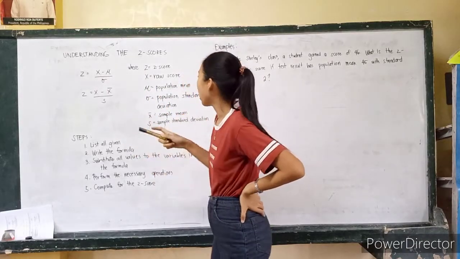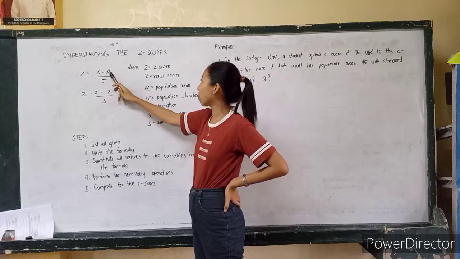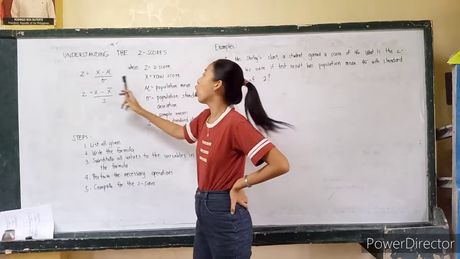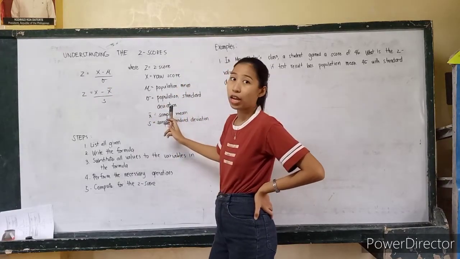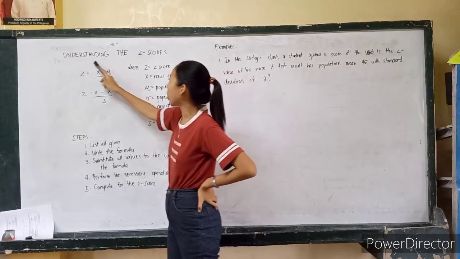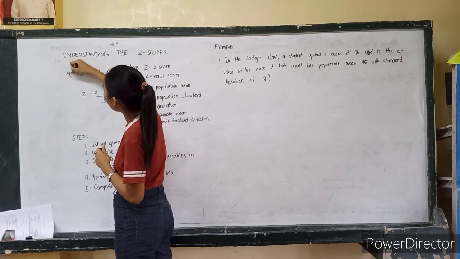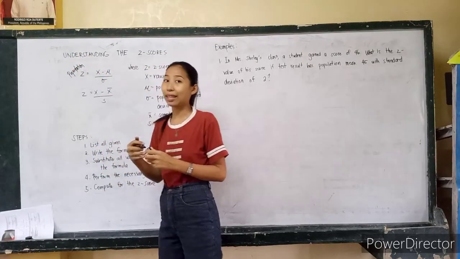Muna itong unknown. And then x is the raw score minus your mu, and mu means your population mean, over sigma, which is population standard deviation. So this formula right here is used for population data.